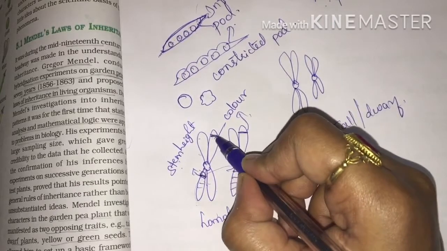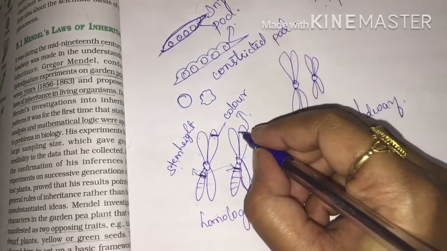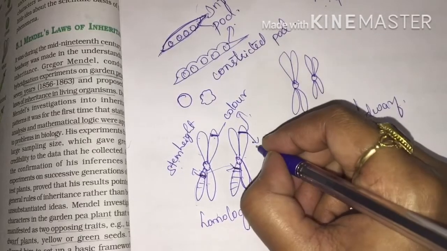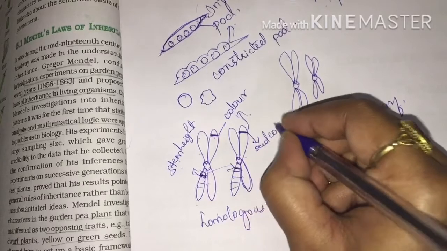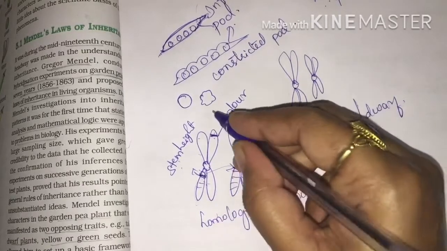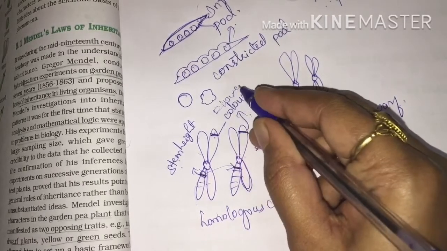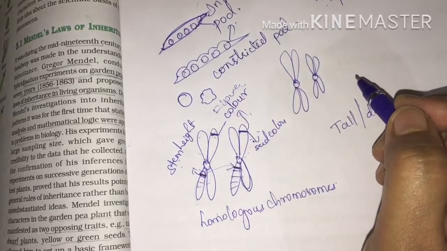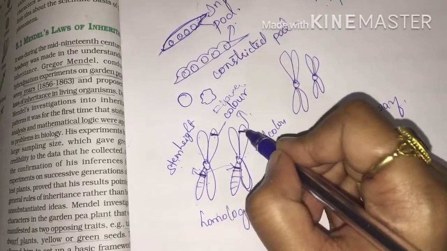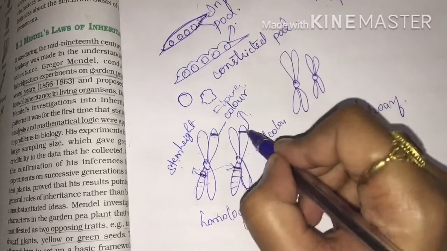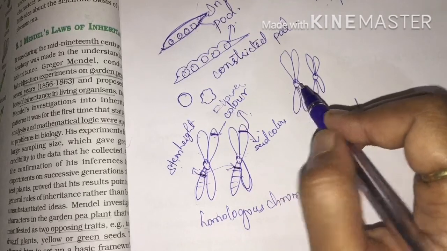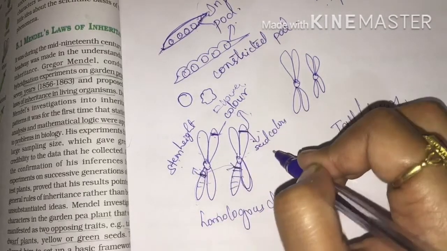If here one gene is present which gives color of a flower, and this gene is giving some other, like seed color, then this one is for flower color and this one is for seed color, so this is not a homologous chromosome. If both are for flower color or both are for seed color, then it is a homologous chromosome. Hope you understood this. These are homologous chromosomes.